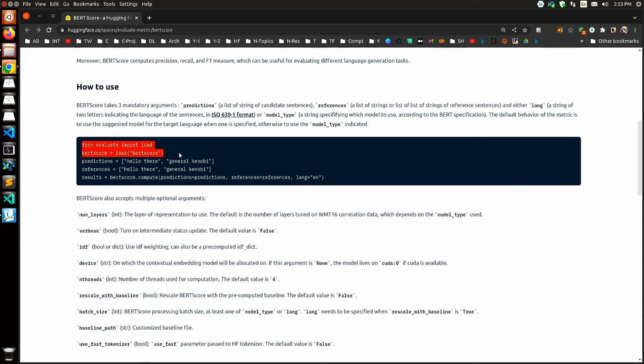And this is an example code. You just import load from evaluate, and then BERTScore is just load BERTScore. That's all. Then you pass the two sentences, the prediction and the reference, and the actual score is computed with BERTScore.compute: you pass the predictions, the references, and a language. Here, for example, they are passing EN for English.